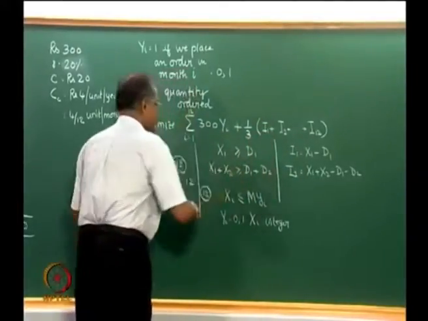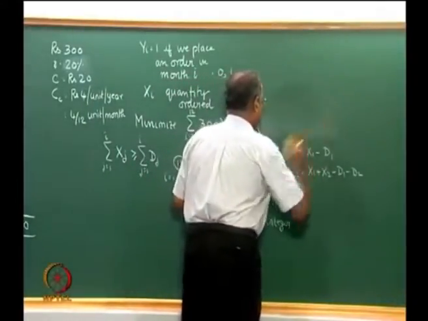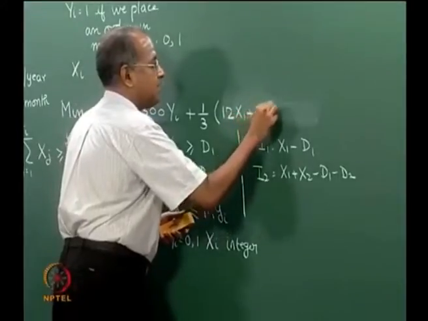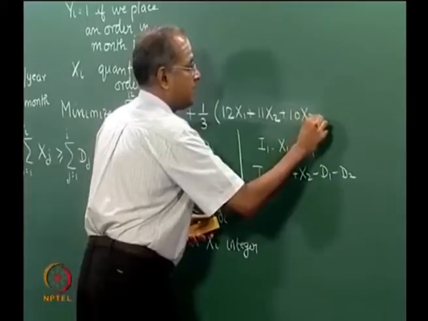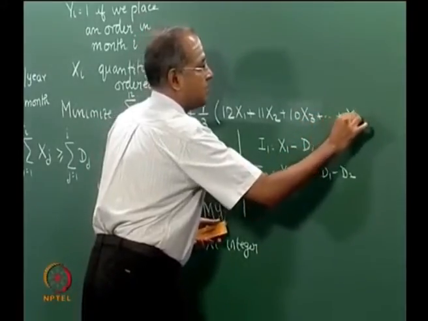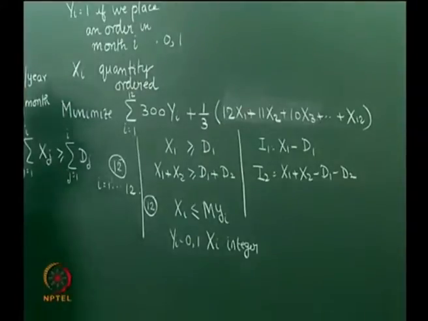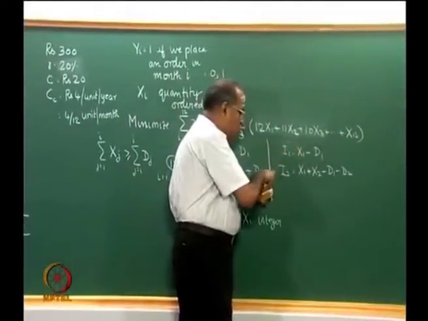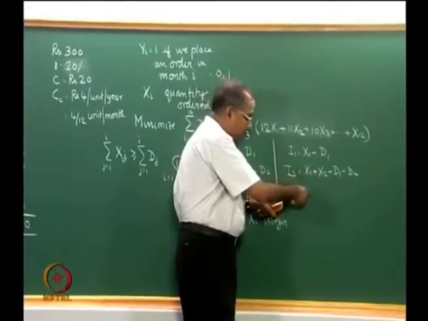So, when we substitute this into the I1 plus I2 plus I3, what we will get is 12 times x1 plus 11 times x2 plus 10 times x3 etc. up to x12, because for I1 you are going to have x1 minus d1, I2 also is going to have x1 plus x2, so it is going to have an x1 term, I3 also will have an x1 term.